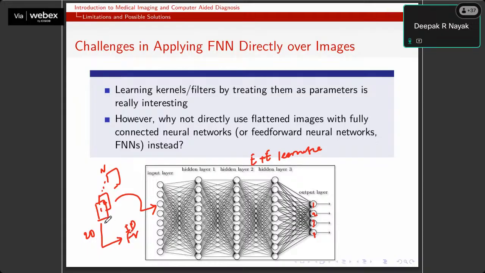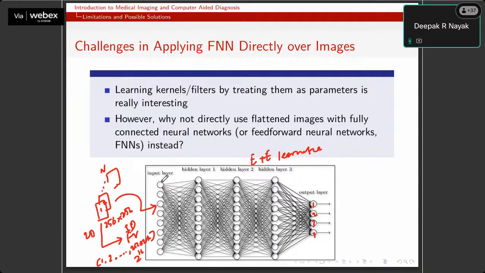Let's say, for example, I'm considering an image of size 256 cross 256. The feature vector is going to be first feature, second feature, and so on up to 256 into 256 number of features. That is 2 to the power 16 features you'll be having in the input layer. The dimension of the feature vector is going to be very high. We'll see what will happen if the dimension is very high.